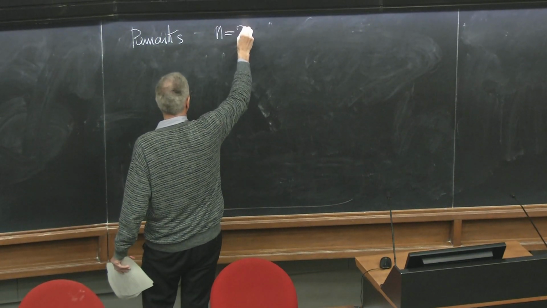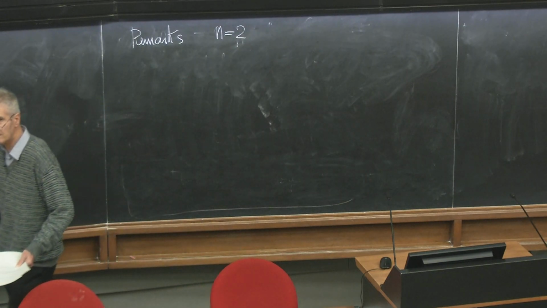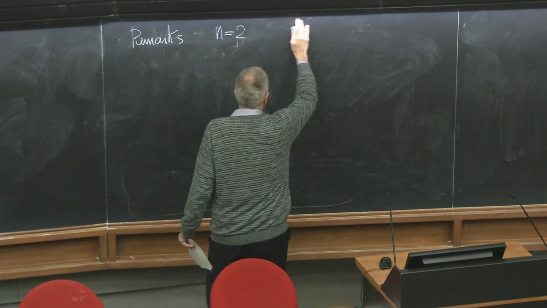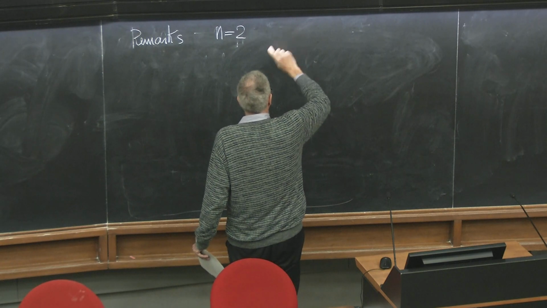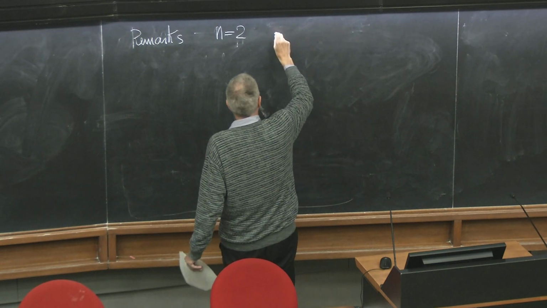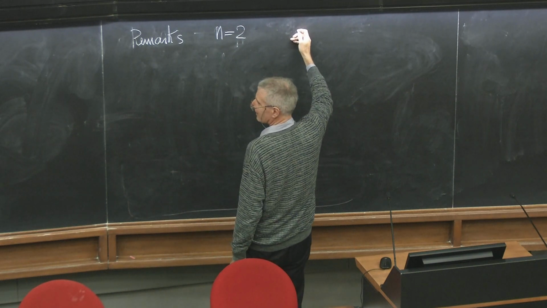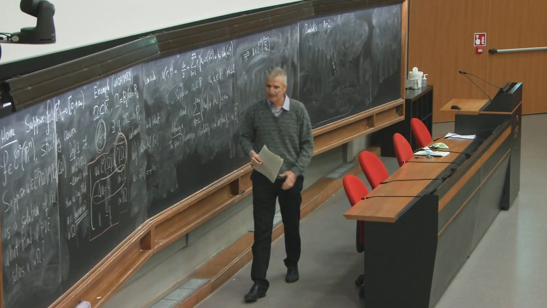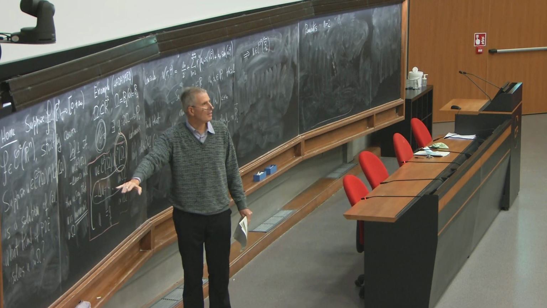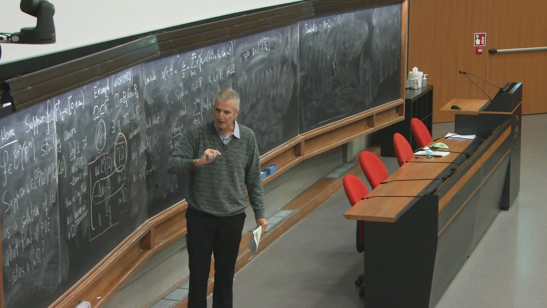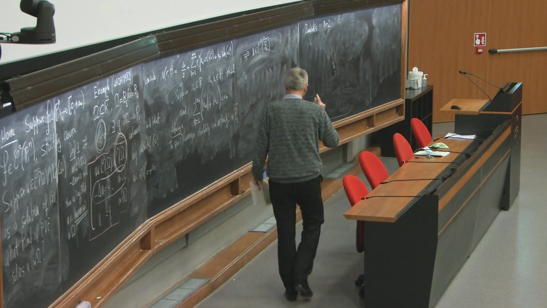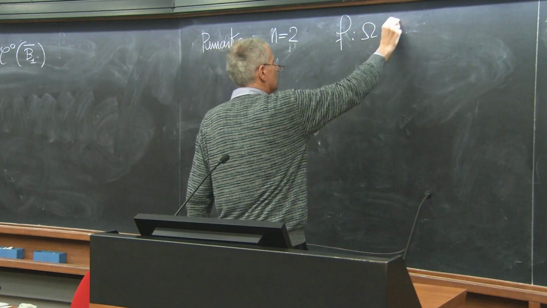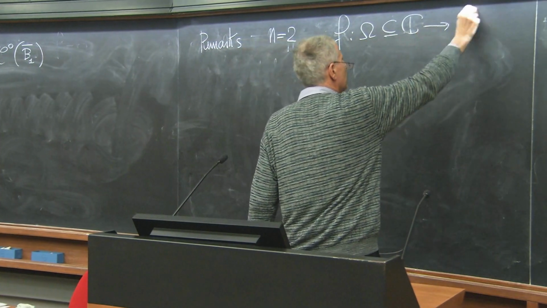Suppose n equals 2, so we are working in a domain of the plane, maybe the whole plane itself. The old f is now removed, so the symbol f is free, but the script f is not free. Script f was the integrand, but now I use the normal f. So suppose that f is holomorphic.